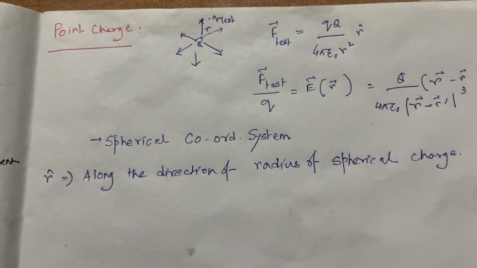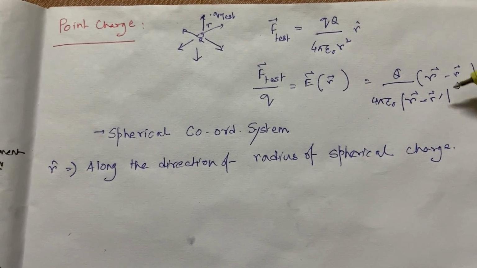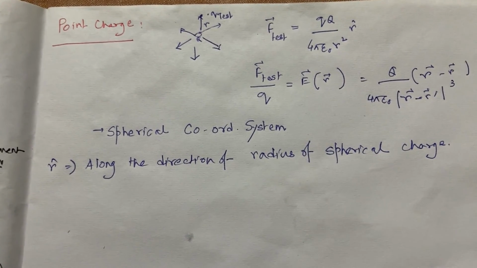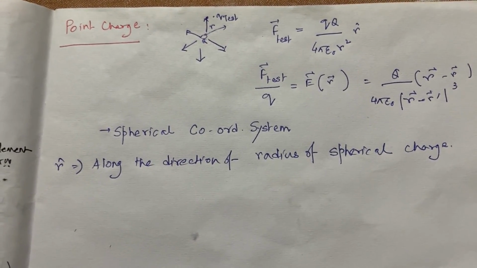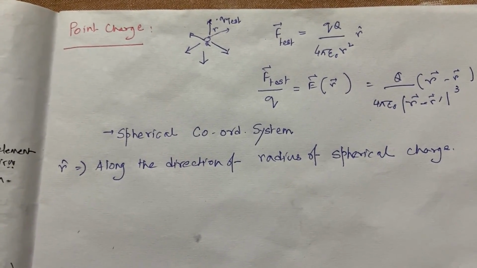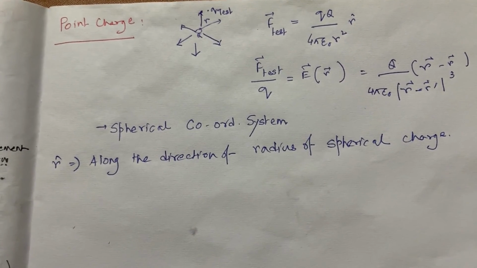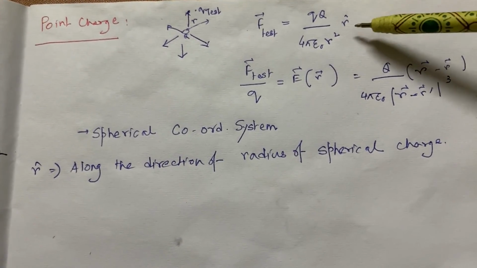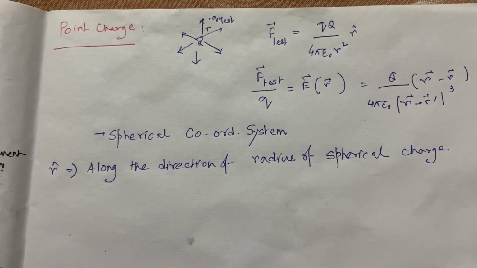That will be much easier to analyze the problem. The notations are the same; we will use R here and in cylindrical coordinates also, but the sense is different. Now this R hat is along the direction of the radius of a spherical charge.